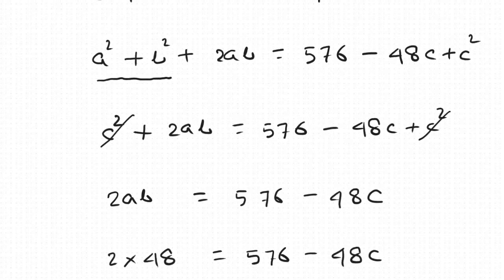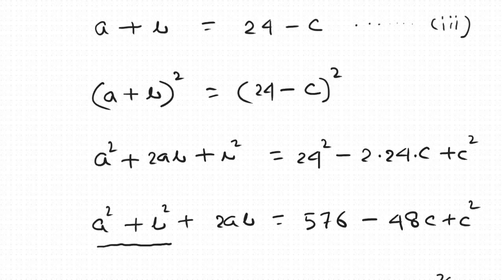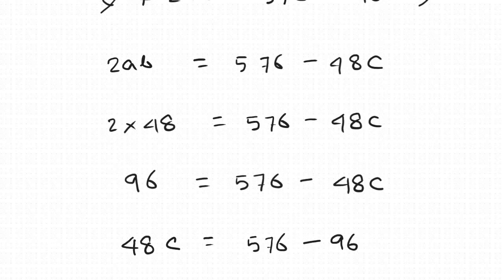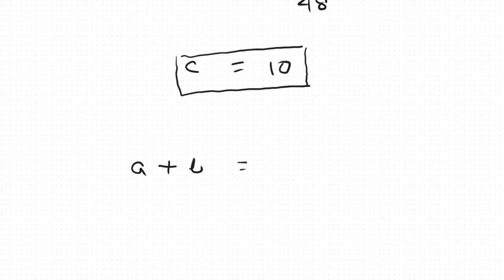Next we will put the value of C, and from equation 3 we'll get the value of A. So we get A plus B equals 24 minus C, which is 10, or we get A plus B equals 14.